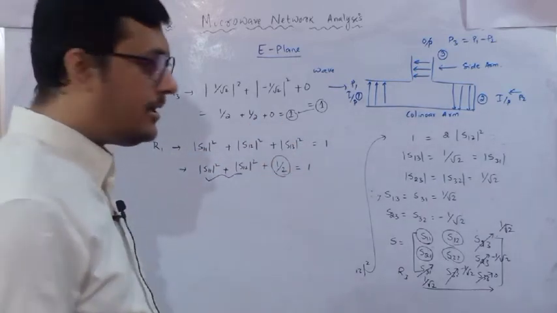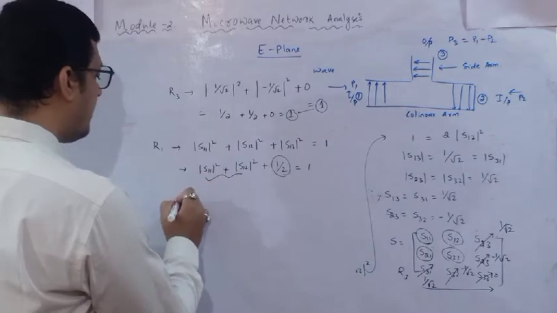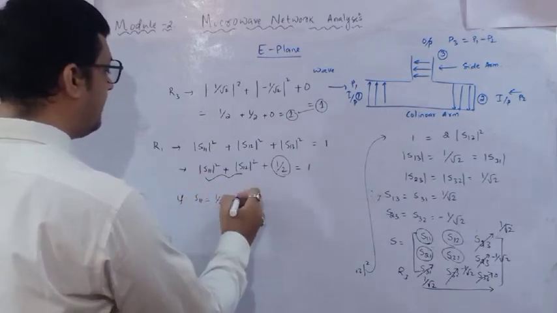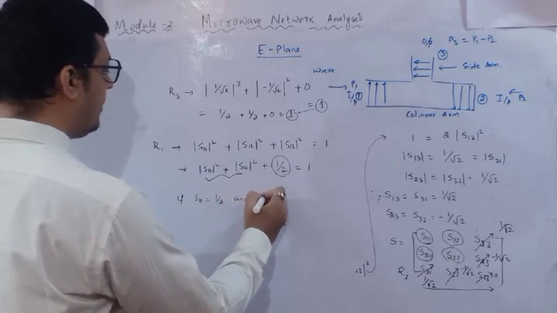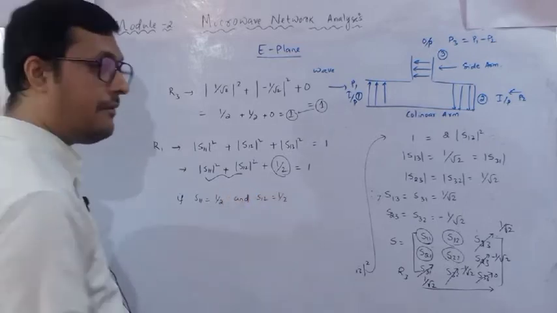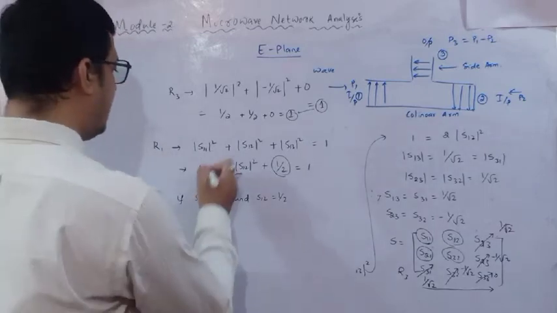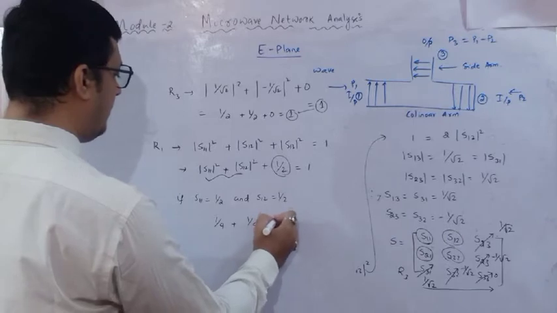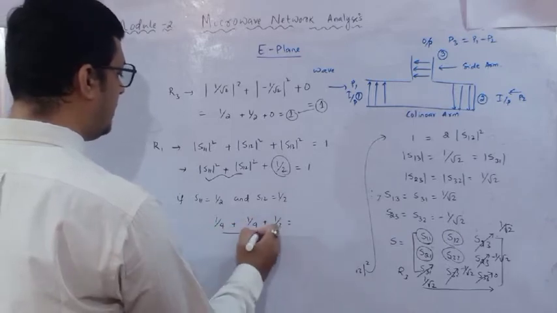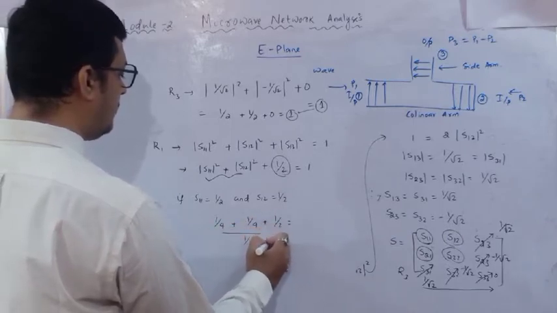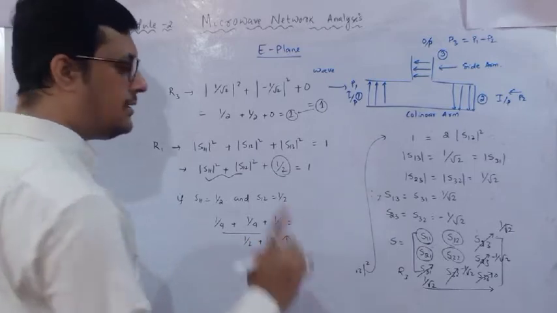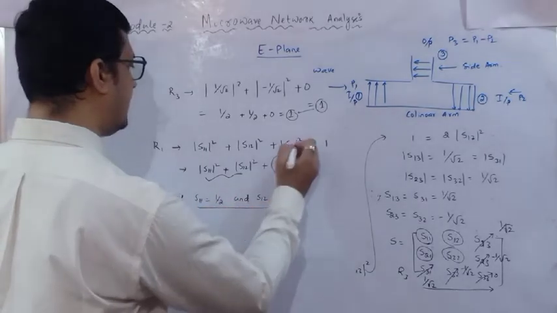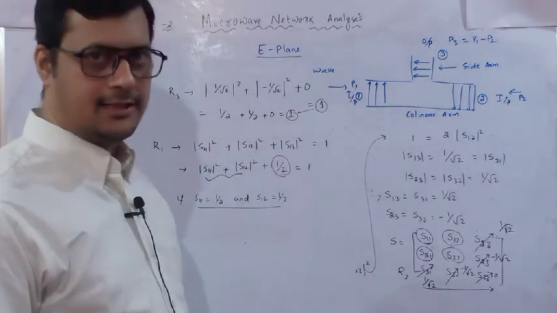If S11 is half and S12 is also half, the power is half. If I substitute here, it becomes 1 by 4, this is also 1 by 4 and this is half. These two become 1 by 2, so 1 by 2 plus 1 by 2 is 1. If my condition is this, then it will satisfy the lossless junction.